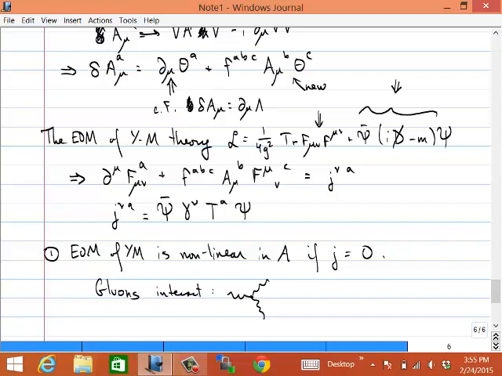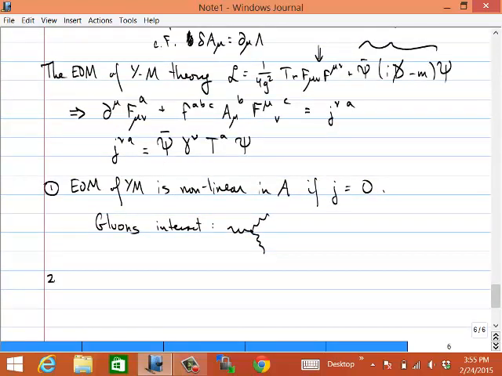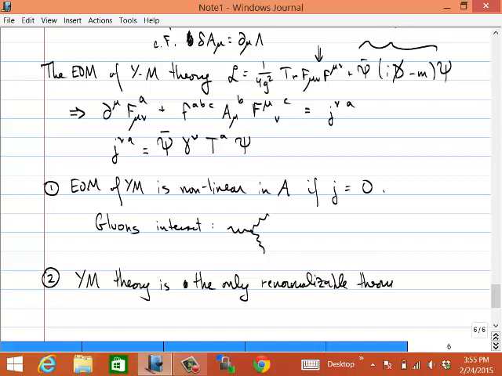The final comment that I'll make is that Yang-Mills theories may appear to be complicated, and there's some sense in which they are complicated. But Yang-Mills theories are the only renormalizable theories containing vectors in 4 dimensions.